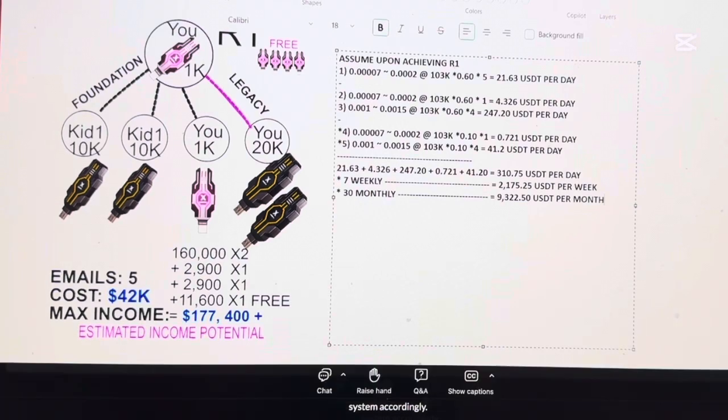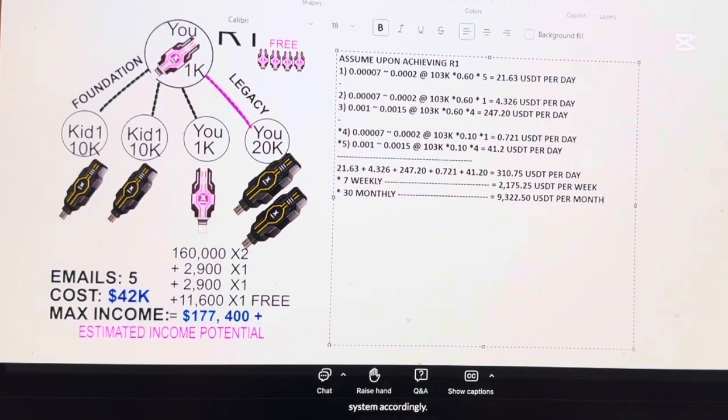But the thing here is, once you achieve the R1 level, it's a lot faster to see your monthly, daily or weekly income, because you're getting a matching profit on all the income of your downline.